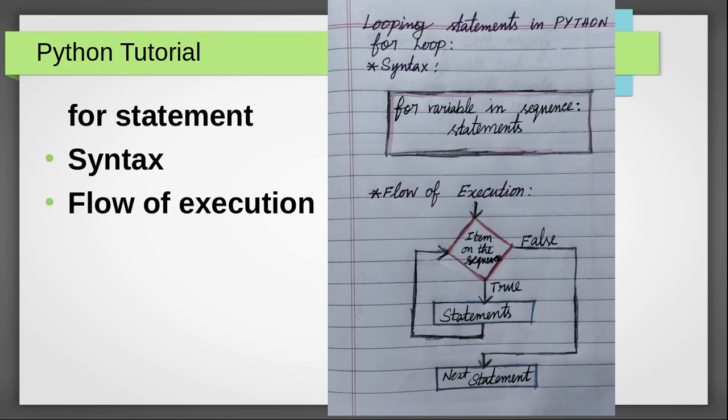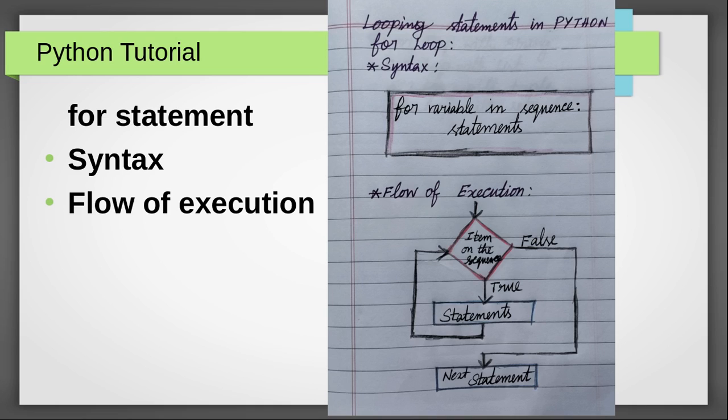This for statement is different from the for loop, if you know about it in any other programming languages. So look at the syntax: for variable in sequence.